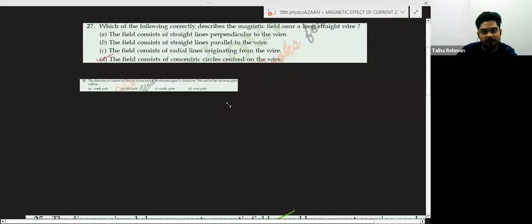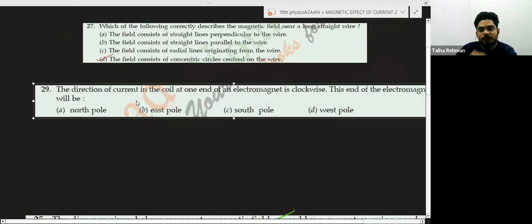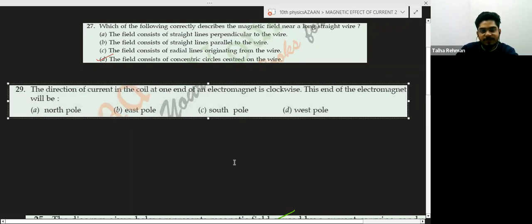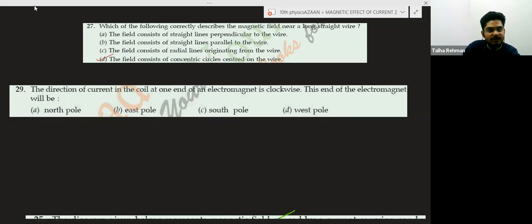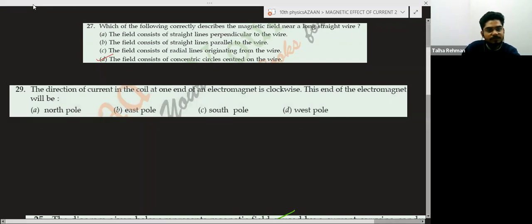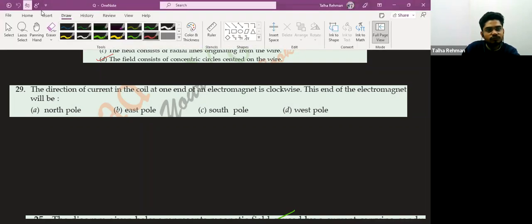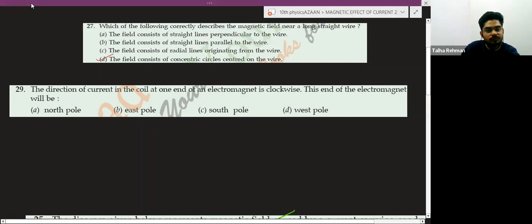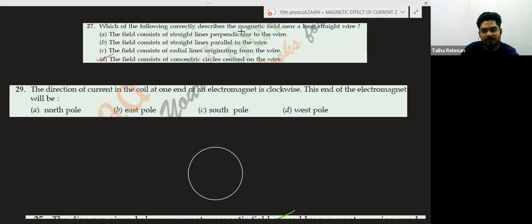Now this question: the direction of the current in the coil at one end of the electromagnet is clockwise. The end of the electromagnet will be, basically they are saying there is a coil like this, and the current in this coil is in the clockwise direction.